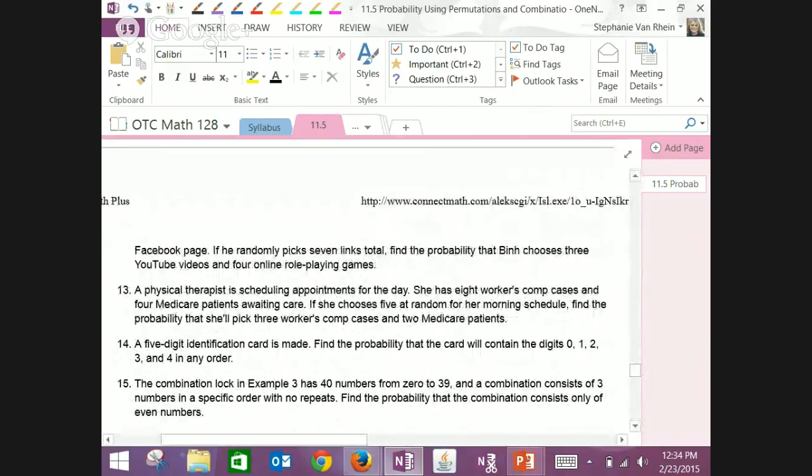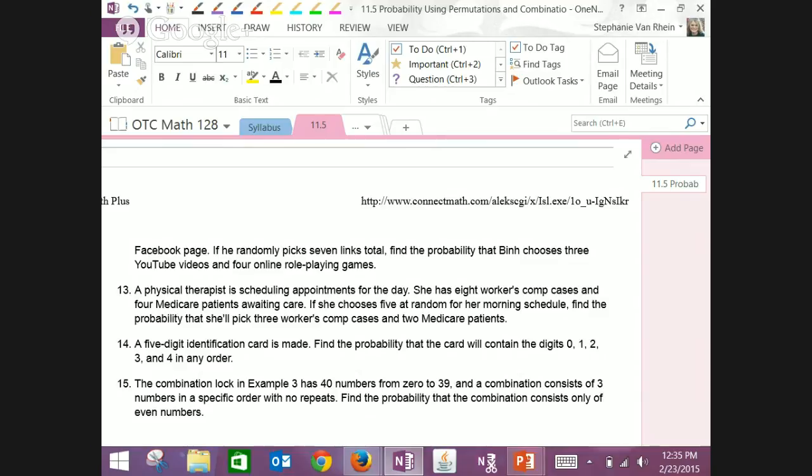Choose 5 at random for a morning schedule. Find the probability that 3 are going to pay by using workman's comp and 2 Medicaid or Medicare patients. Exact same approach, students, faculty, spinach, no spinach, Democrat, Republican. It doesn't really matter the category. It's the same setup.